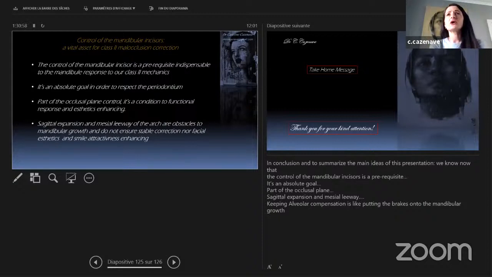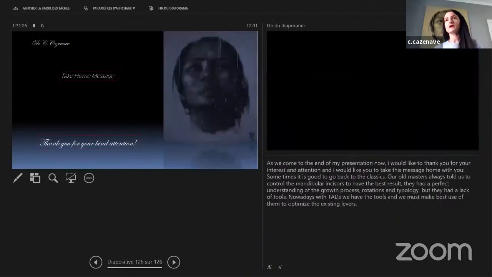It's an absolute goal in order to respect the periodontium. Control of the occlusal plane is a condition to functional response and aesthetic enhancing. Sagittal expansion and mesial drift of the arch are obstacles to mandibular growth and do not ensure stable correction of facial aesthetics and smile attractiveness enhancing. Keeping alveolar compensation is like putting the brakes on the mandibular growth.